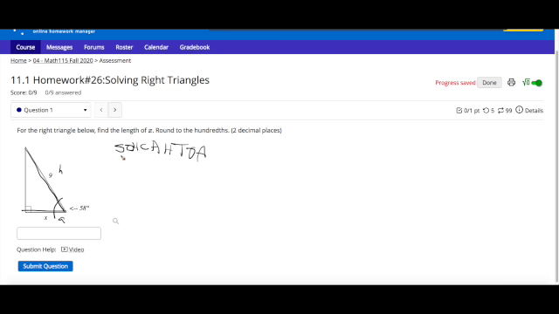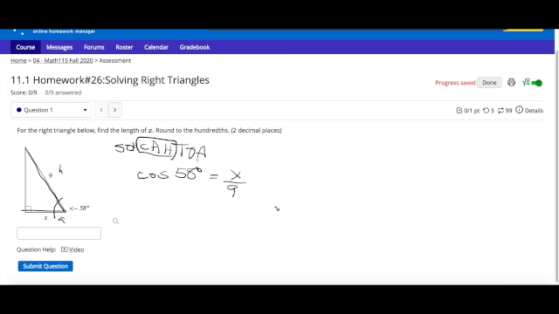Then the relationship that covers adjacent with hypotenuse is going to be cosine. So this is a cosine job. And we're going to set it up as follows. The cosine of 58 degrees is equal to the adjacent x over the hypotenuse 9.